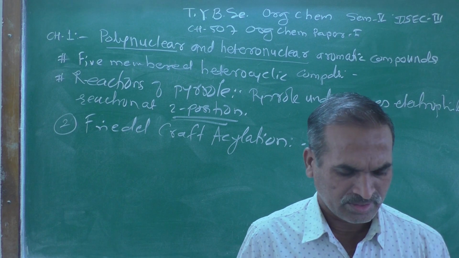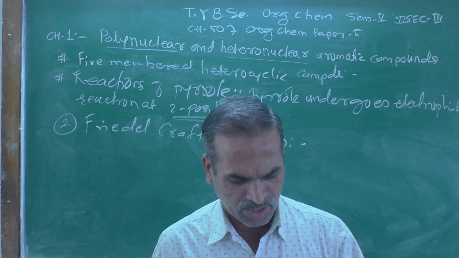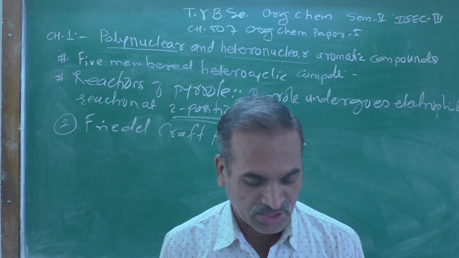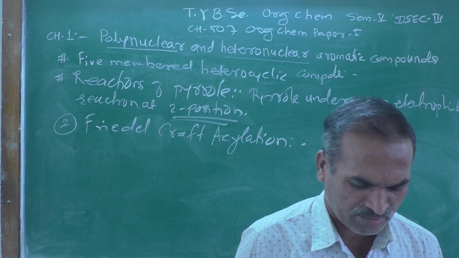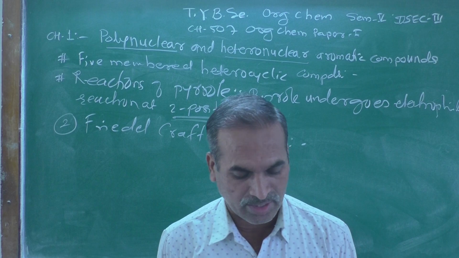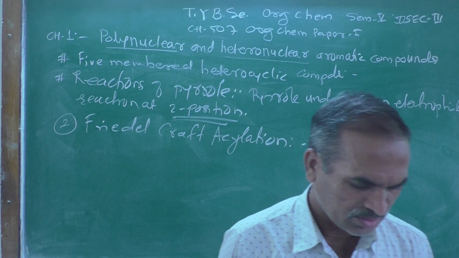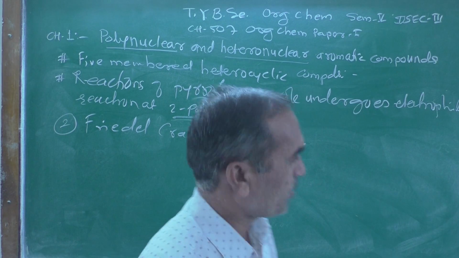Friedel-Crafts acylation reaction: pyrrole reacts with acetyl chloride in presence of AlCl3 as a catalyst and gives 2-acetyl pyrrole.